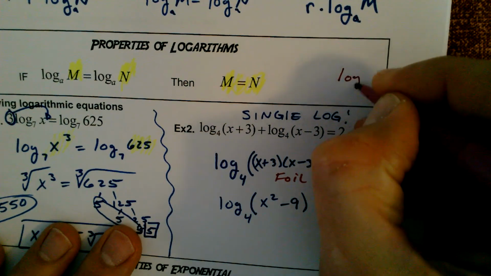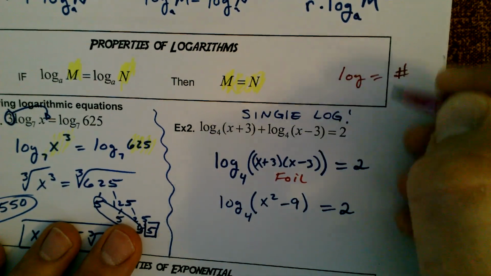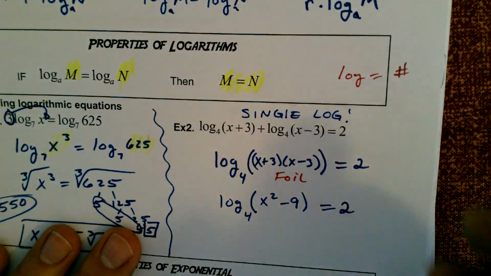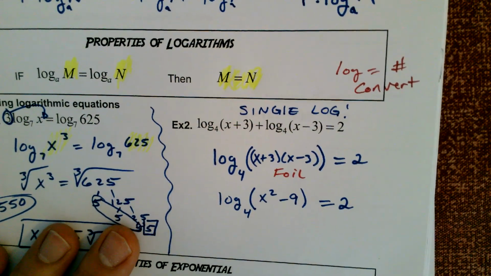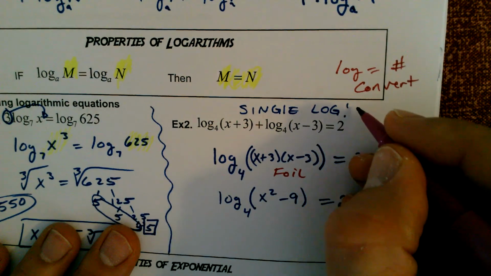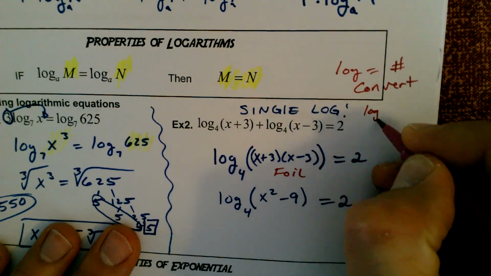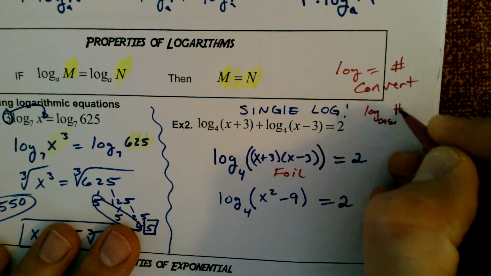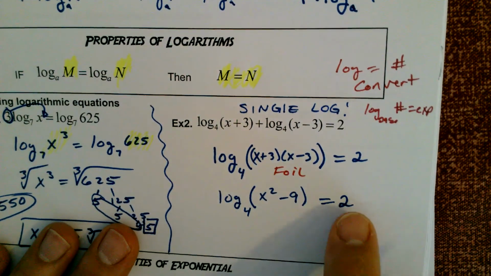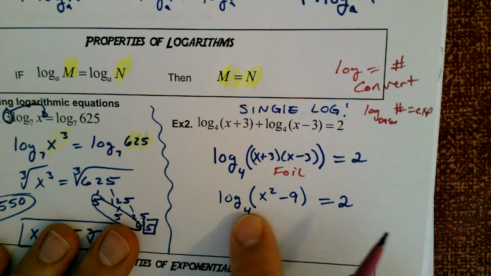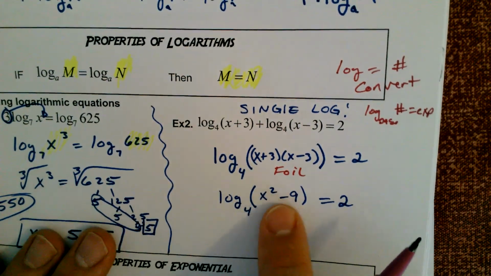Anytime I get log equal a number, we must convert to exponential. We should know we have a base, we have a number, and we have an exponent. This is my exponent, that's my base, and that's the number on the outside.